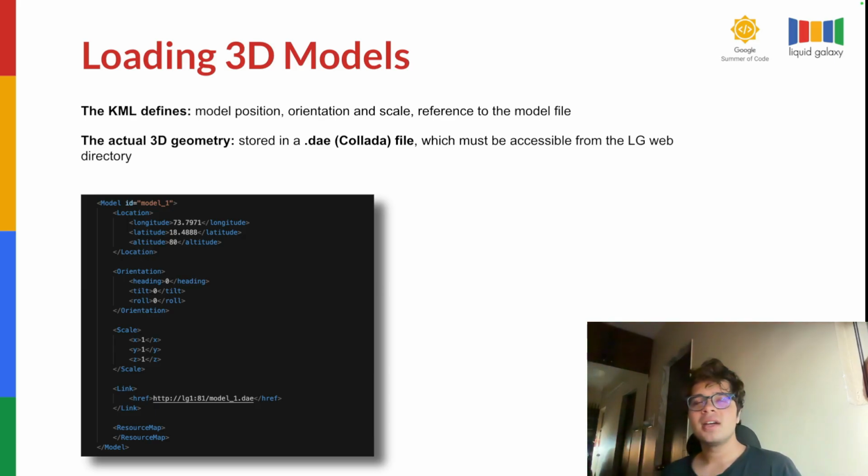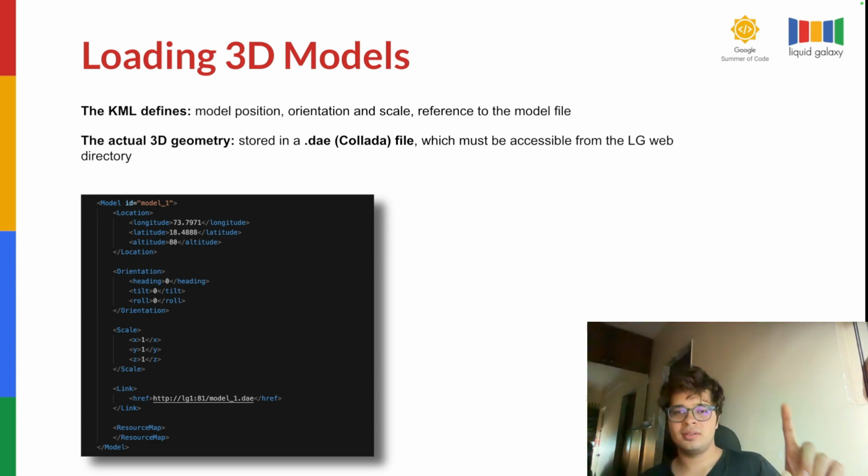But the actual geometry of the object is contained in a file, the .dae file, that is a Collada 3D model file. Now an analogy here can be applied: the KML is the instruction manual, right? And the .dae file is the physical object for that manual.